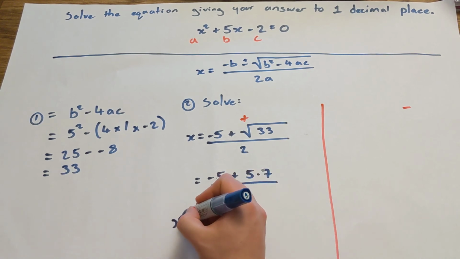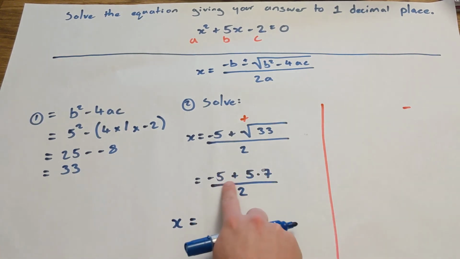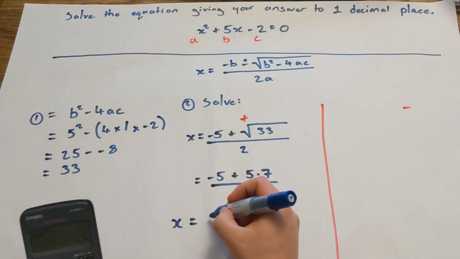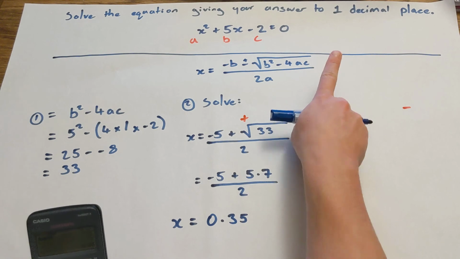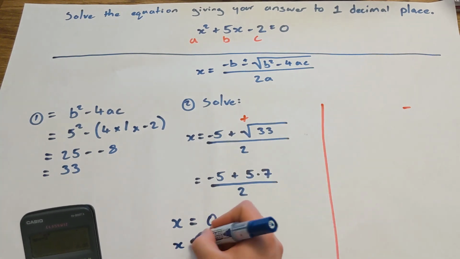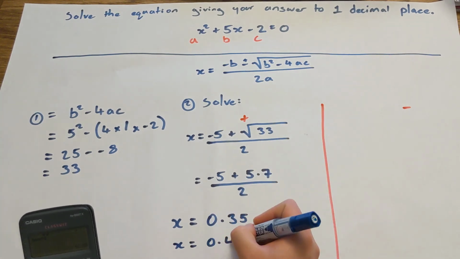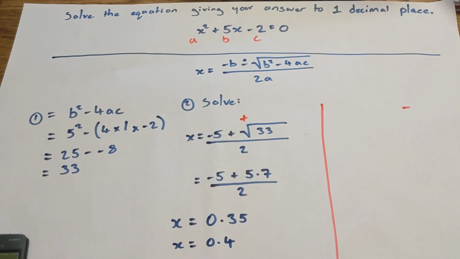And then in your calculators again, making sure you work out the total of this top line first, and then you divide it by 2. So negative 5 plus 5.7, then we'll divide that by 2, gives us 0.35, but it only wants it to 1 decimal place, so x equals 0.4. That's one of our solutions.